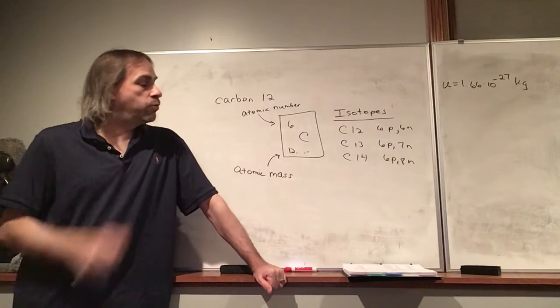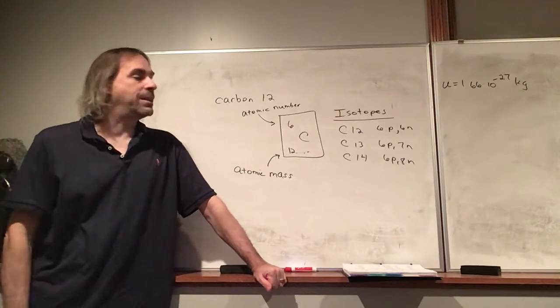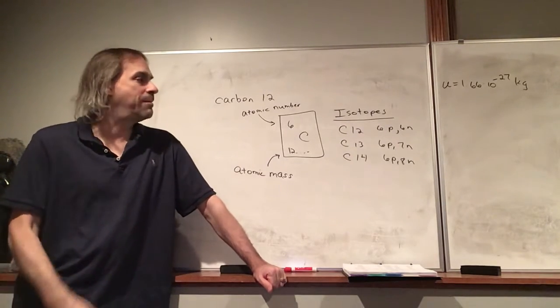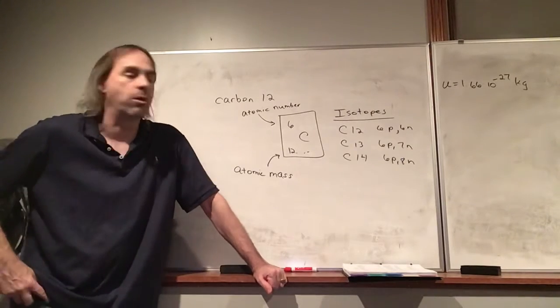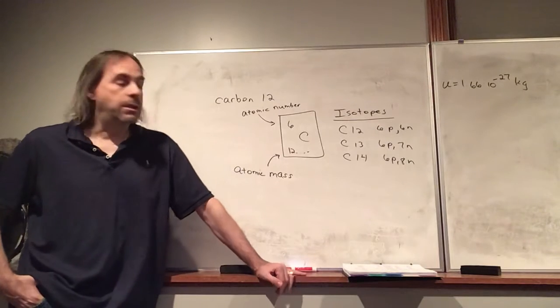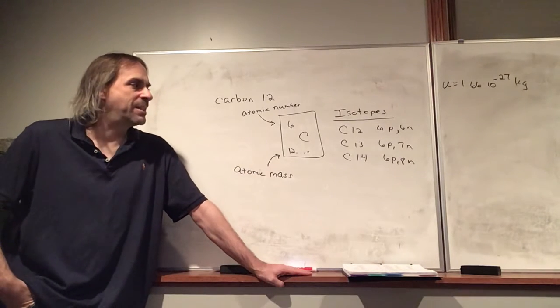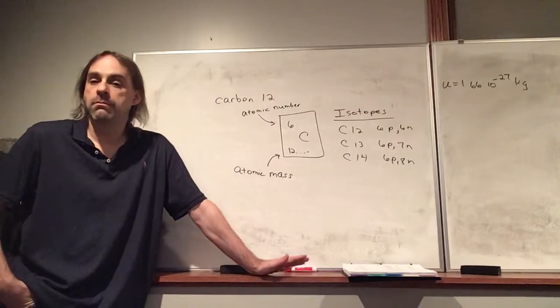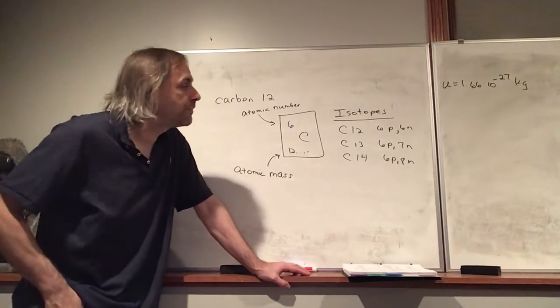And so the way atomic mass is defined, they picked carbon, probably because it's one of the most important elements, kind of the foundation of all life. So I'm guessing that's why they picked carbon to define the atomic mass unit.